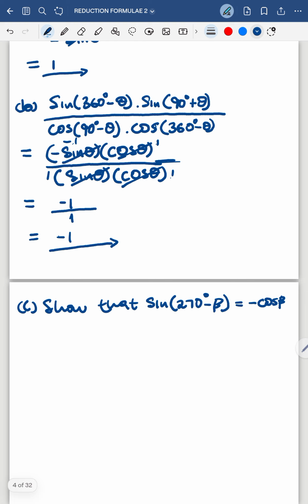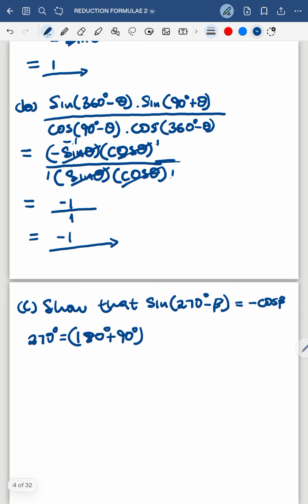So if we break it down now, 270 degrees is in the third quadrant. That means to go to 270, you say 180 degrees plus 90 degrees. That means this is the angle we can break down.